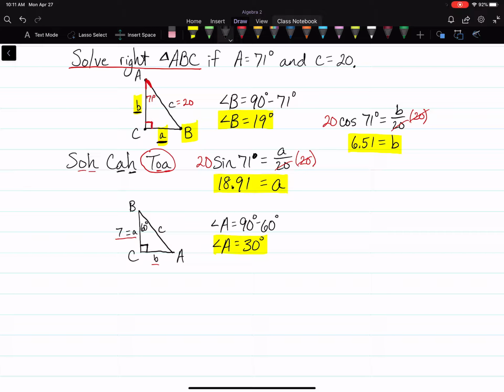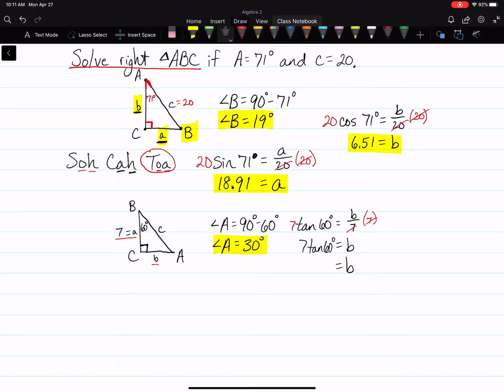So to get B, I'm going to say tangent of 60 degrees equals opposite, which is B, over adjacent, which is A, which is 7. And we do the problem. Get rid of that 7 by multiplying by 7 on both sides. And so B will be 7 times the tangent of 60 degrees.